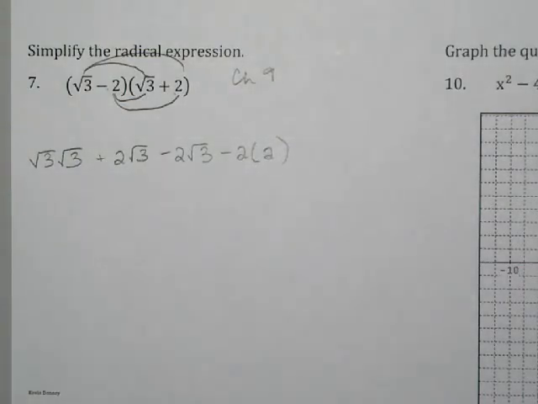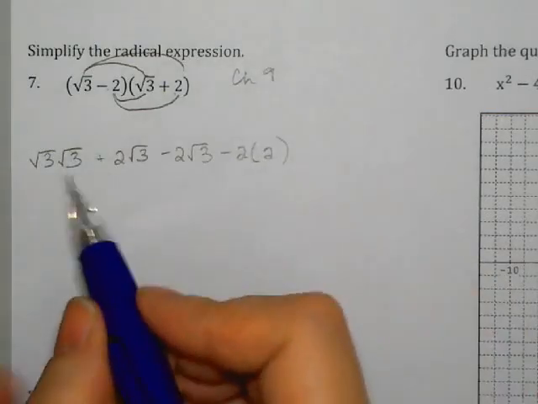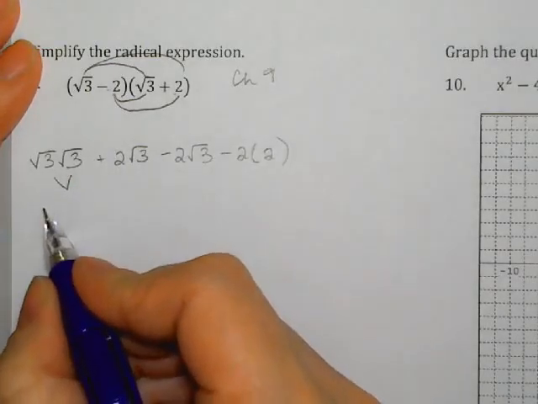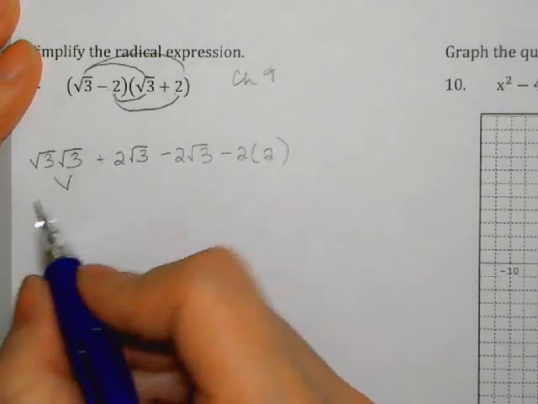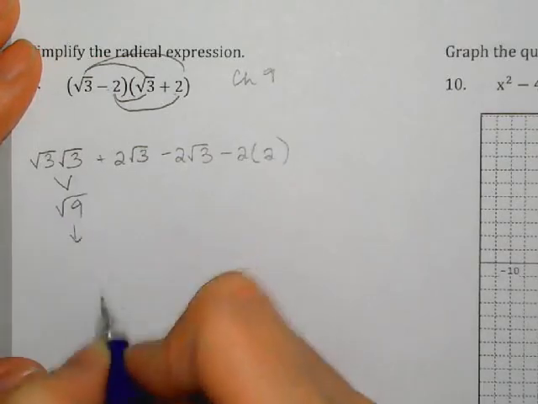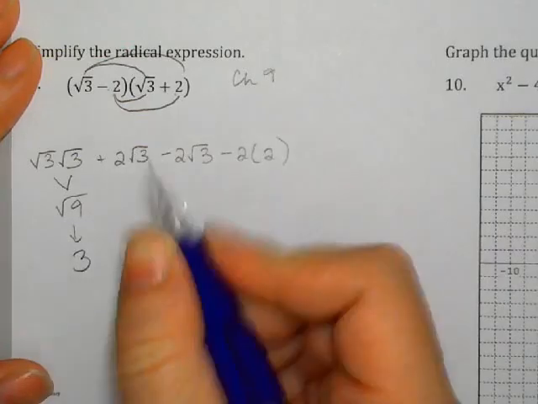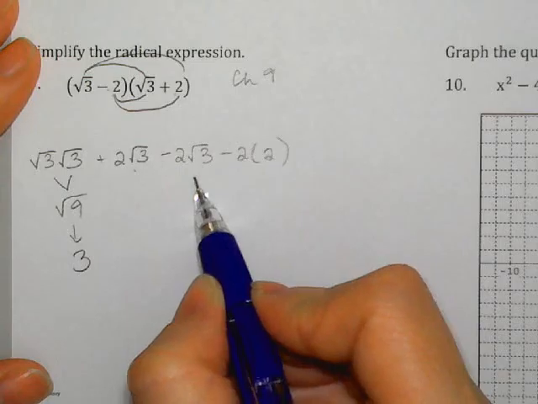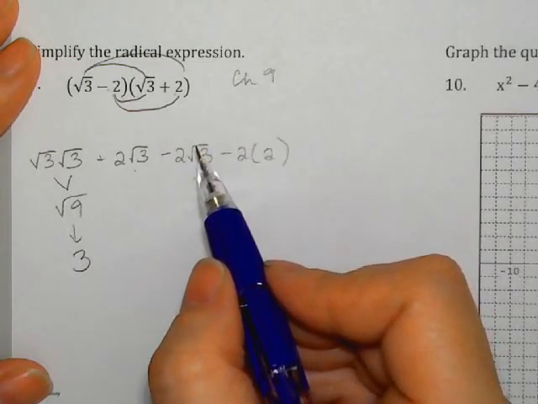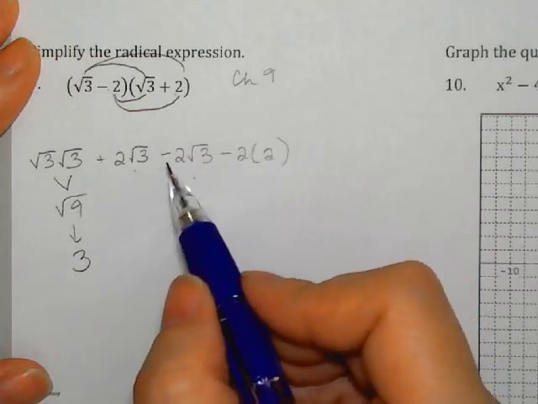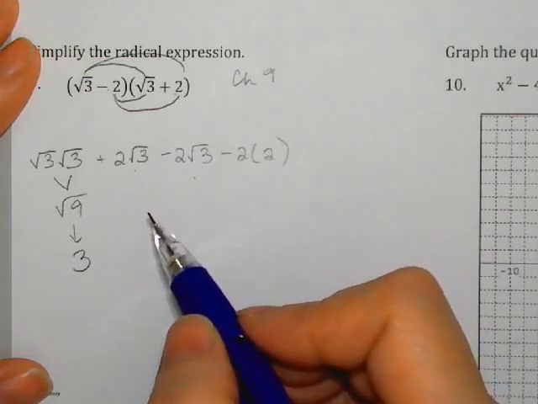You will find ways to shorten this if it makes sense to you. So square root of 3 times square root of 3, that is the square root of 9, which is 3. 2 square root of 3 minus 2 square root of 3 is what? If I give you $2 and then take it away, how much do you have? 0.